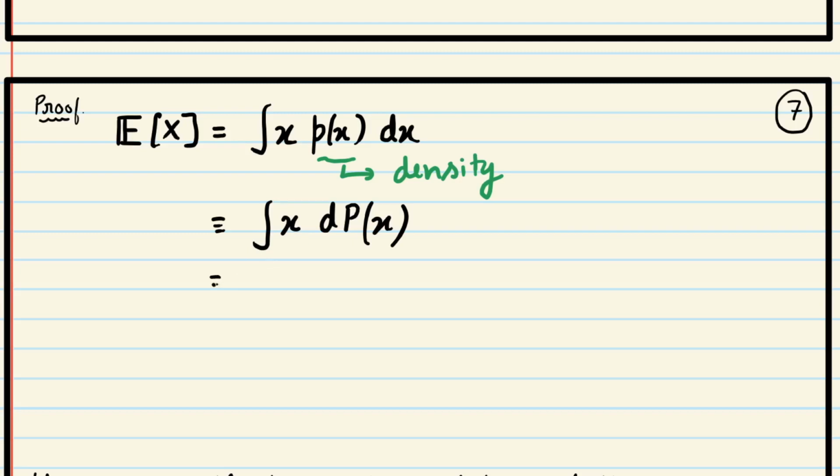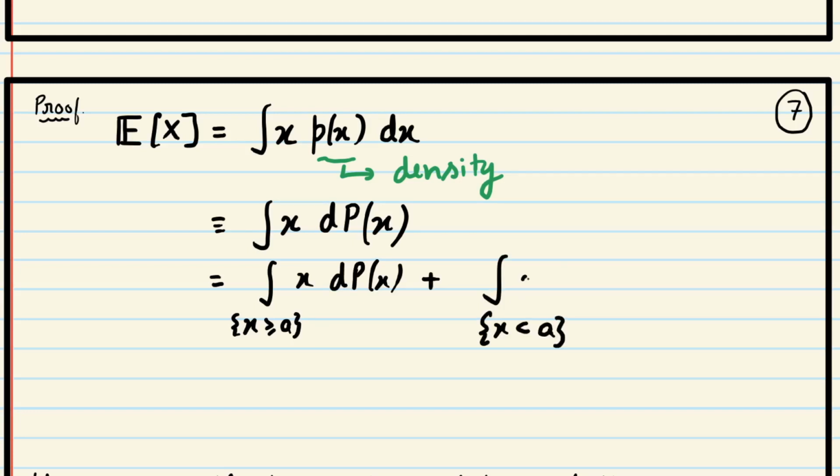This integral I divide into two ranges. First is the set where x is greater than or equal to a. This is one range. And second is the set where x is less than a. That's the second range.